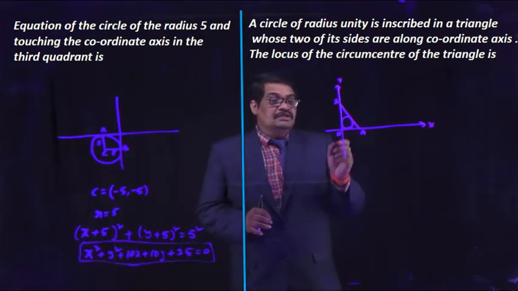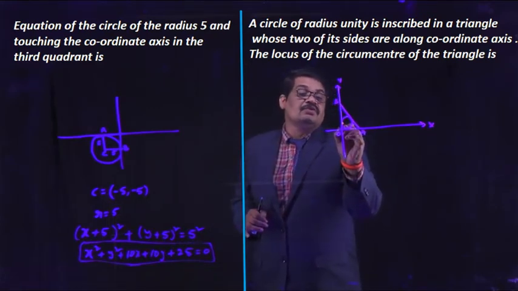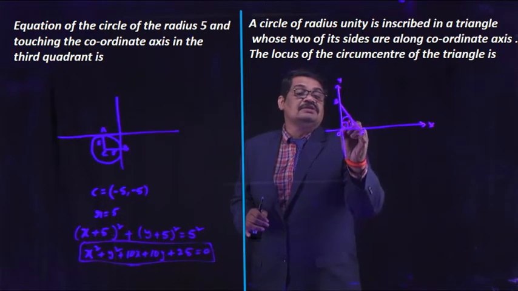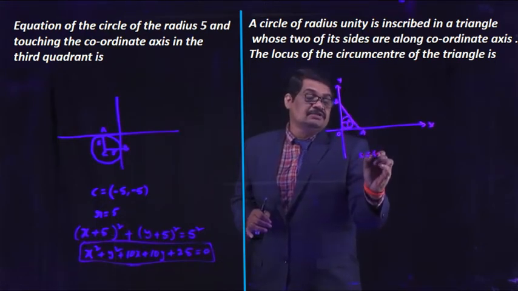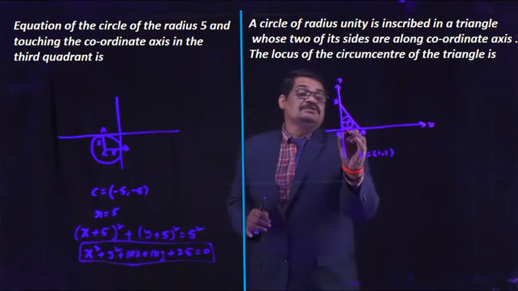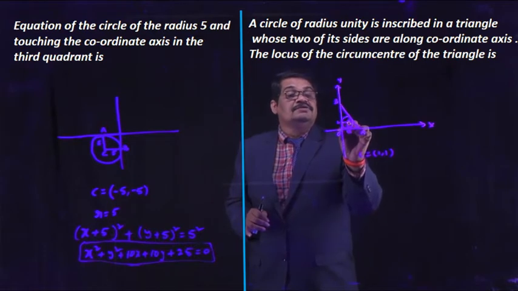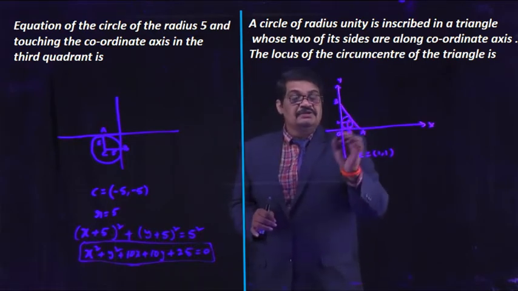And this circle, the radius is 1. That means the center becomes 1 comma 1. So here this is say M, this is say L. Here CL is 1 unit and CM is also 1 unit.